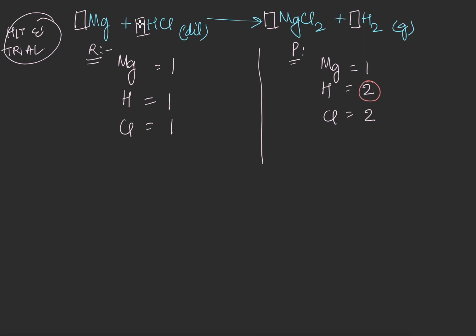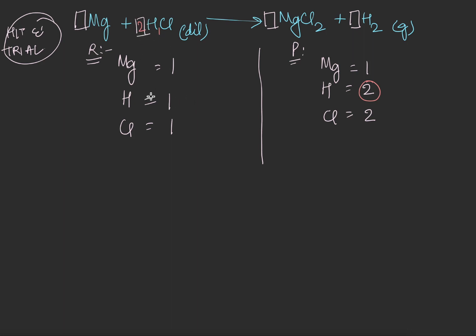So let's try to balance this equation. What do we see? Magnesium is balanced on both sides, so I'm not going to disturb that now, but I am going to balance hydrogen first. What do we see? There are 2 atoms of hydrogen on the right hand side, but on the left there is only 1 atom. So what number can I write in front of HCl which will make the number of atoms of hydrogen the same on both the sides?